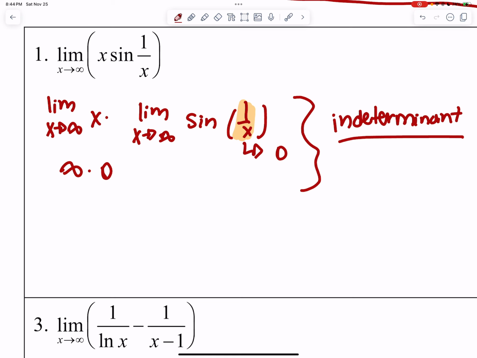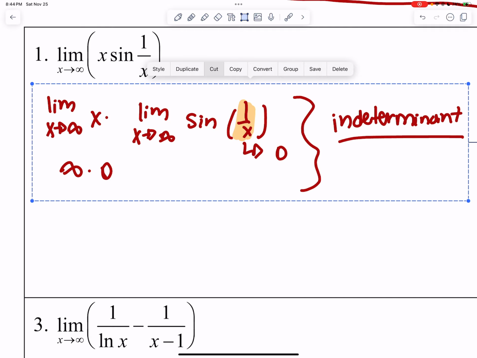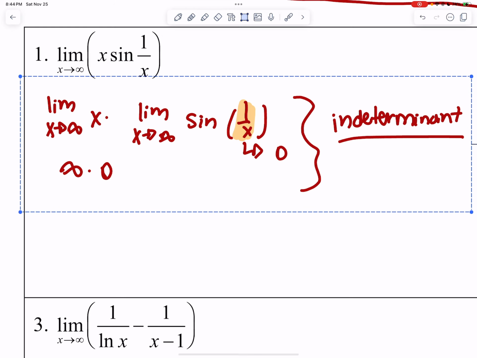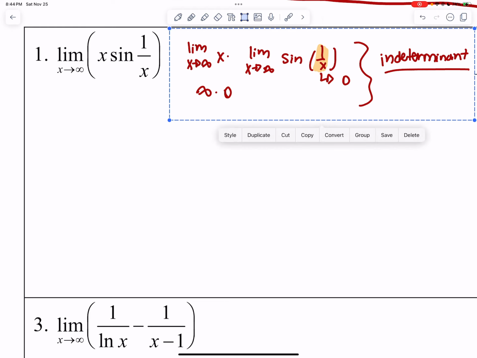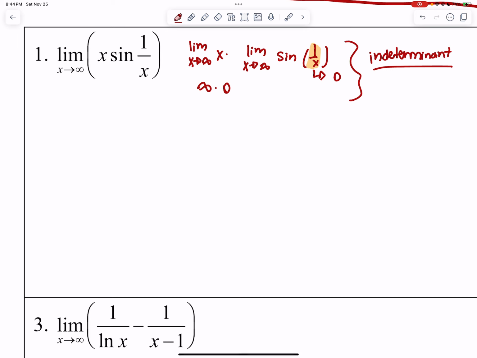Now, one of the rules for L'Hopital's to work is that we have to make it into a fraction. So this right here, this is not a fraction. But we can use some of our tips and tricks in terms of reciprocals to make it look like a fraction. So just a reminder, back in maybe Math 3, whenever we talked about reciprocals and whatnot, x right here is the same thing as 1 over 1 over x, if I were to do same change flip.